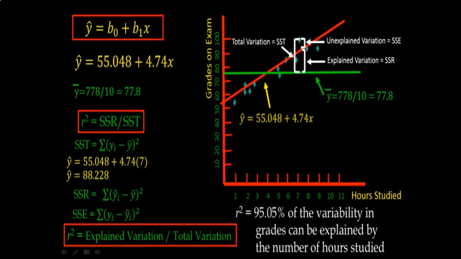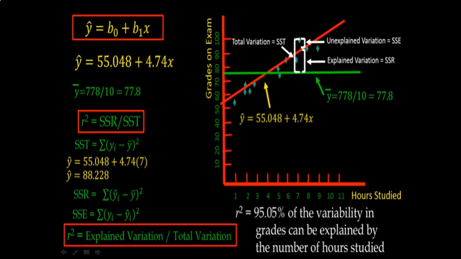By looking at this graph, we find that the total variation, which is the difference between the observation and y bar, the mean, this is the total. This total is divided into two partitions.